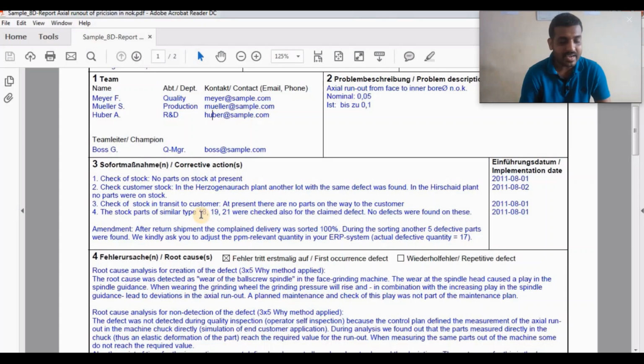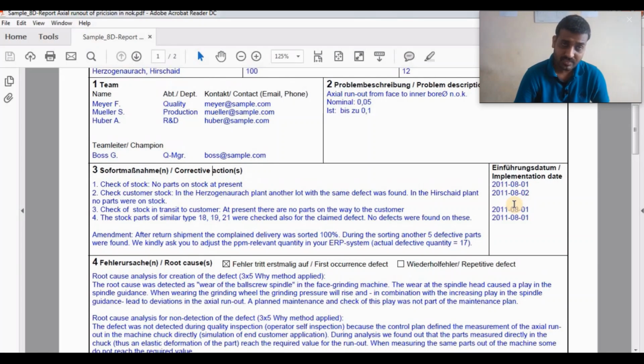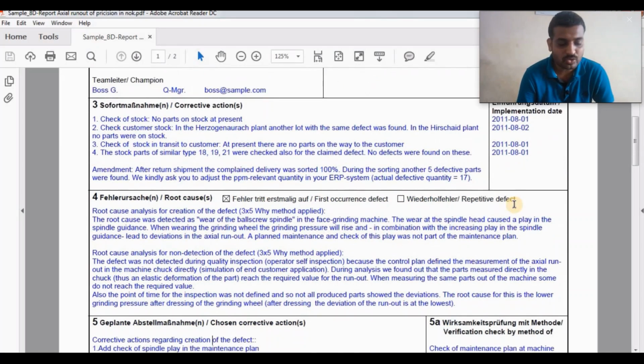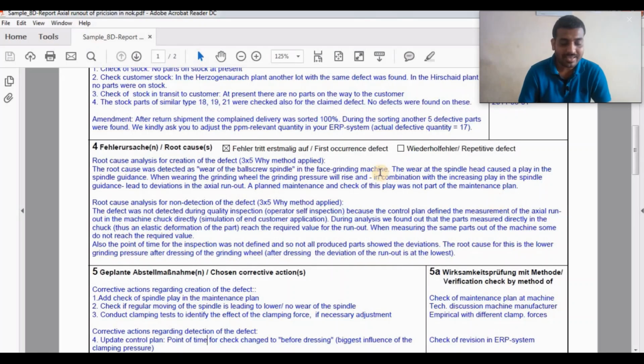Then here they have done the root cause analysis. They have come up with the root cause analysis for creation of the defect and the root cause analysis for the non-detection as well. Here you have to choose the corrective actions for creation of the defect as well as for detection of the defect.